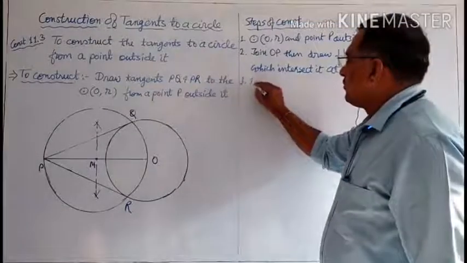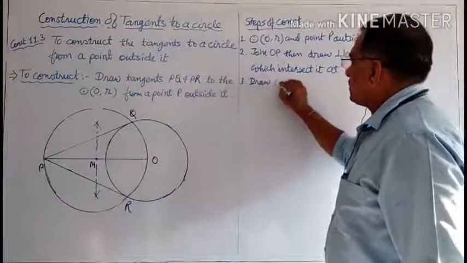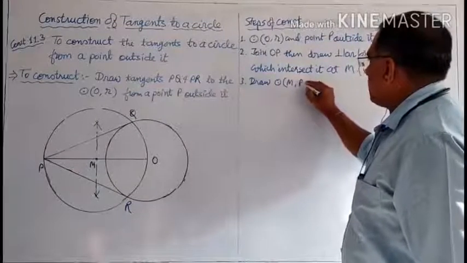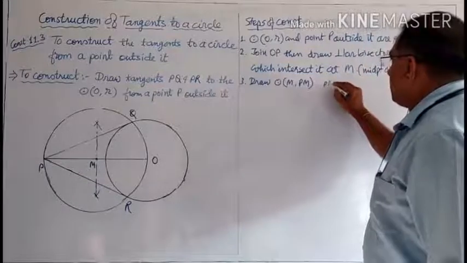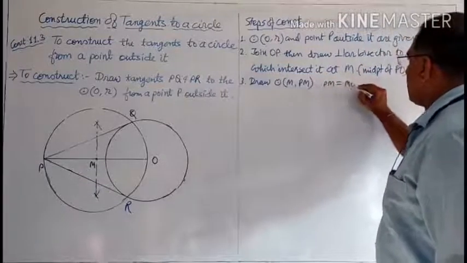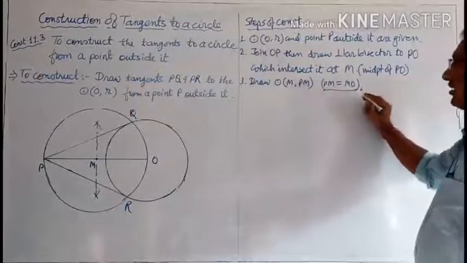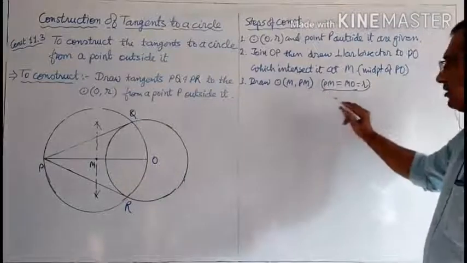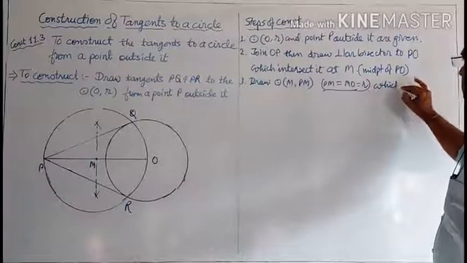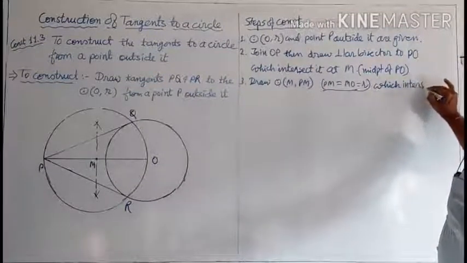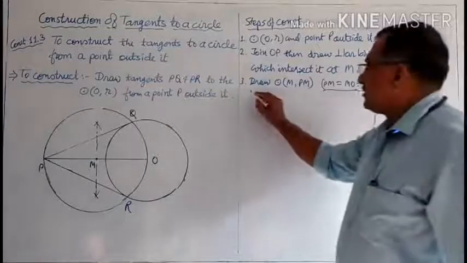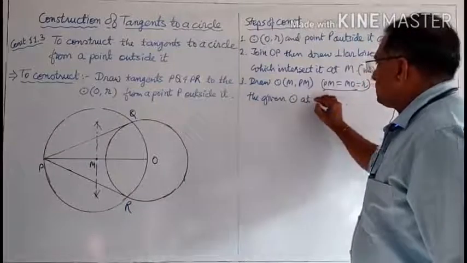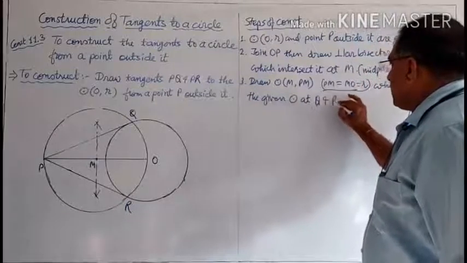Then we have to draw a circle with center M and the radius equal to PM. PM is equal to MO, both are radius. This circle intersects the given circle at Q and R.